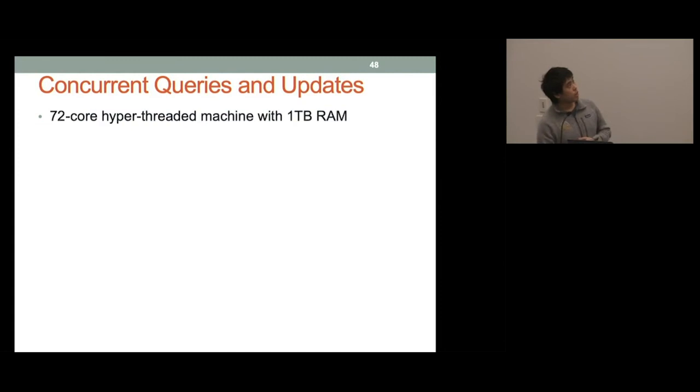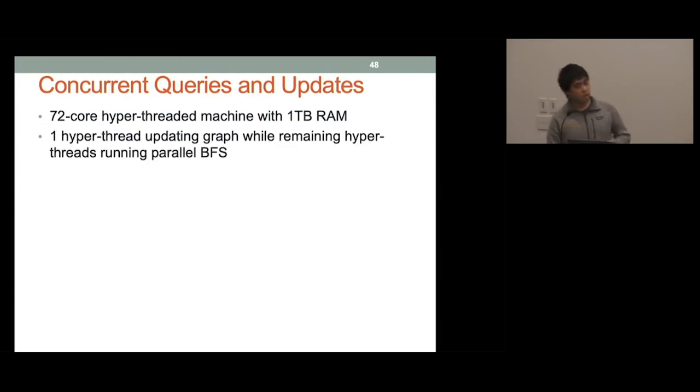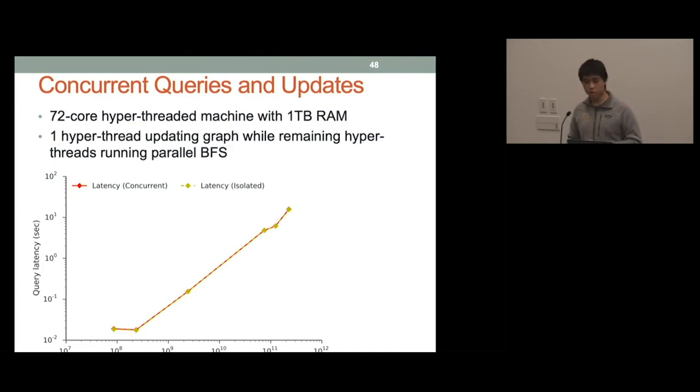So we ran this experiment on a 72-core machine with 2-way hyperthreading. So there's one hyperthread updating the graph while the remaining hyperthreads are just running queries. For this example, it's running parallel breadth first searches. This is for the concurrent setting, and then in the setting where we don't have any updates, then we just have all of the hyperthreads running the parallel breadth first searches.